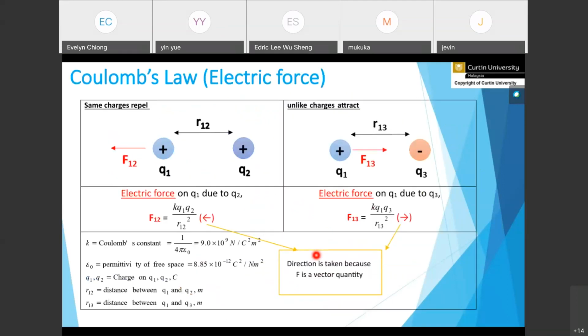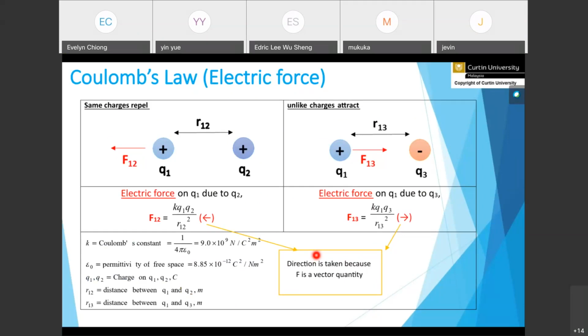So you see here, if the charges are the same, they repel, so there will be repulsive force between them. But if they are different charges, positive and negative, then they attract each other. So we say same charges repel, but unlike charges attract each other. How do we tell which force we are talking about? You see here, electric force on Q1 due to Q2.